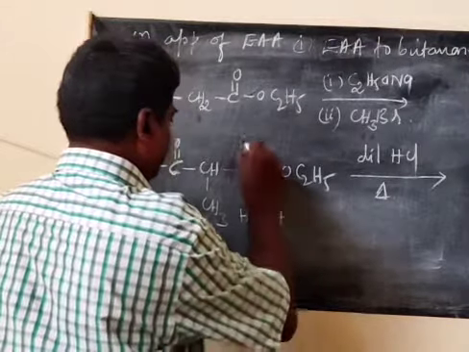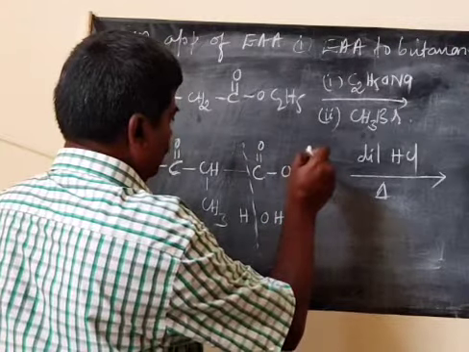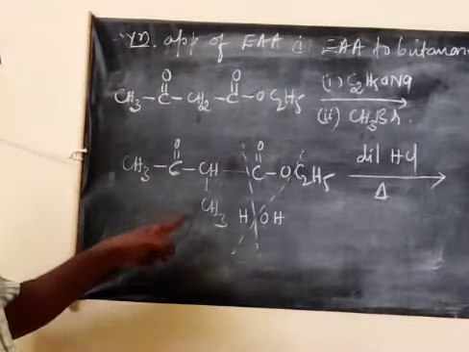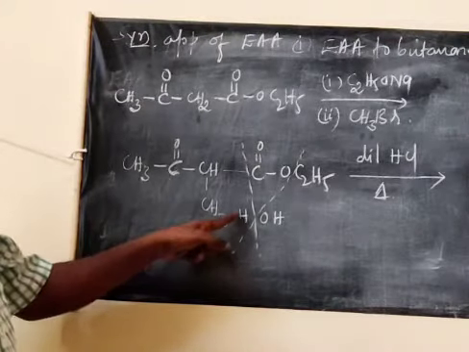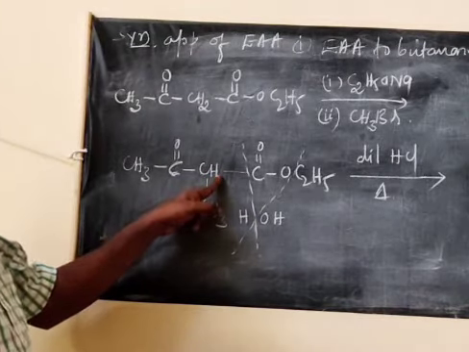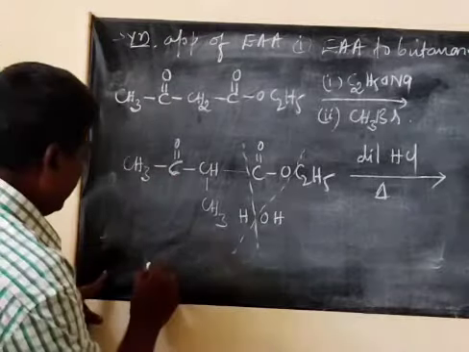HOH. See, CH3, and this H is linked to this CH group and C double bond O, CH3.